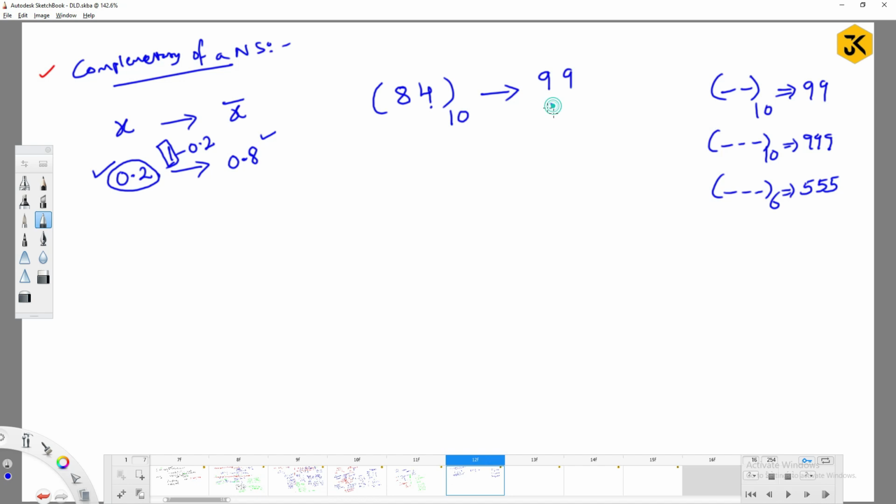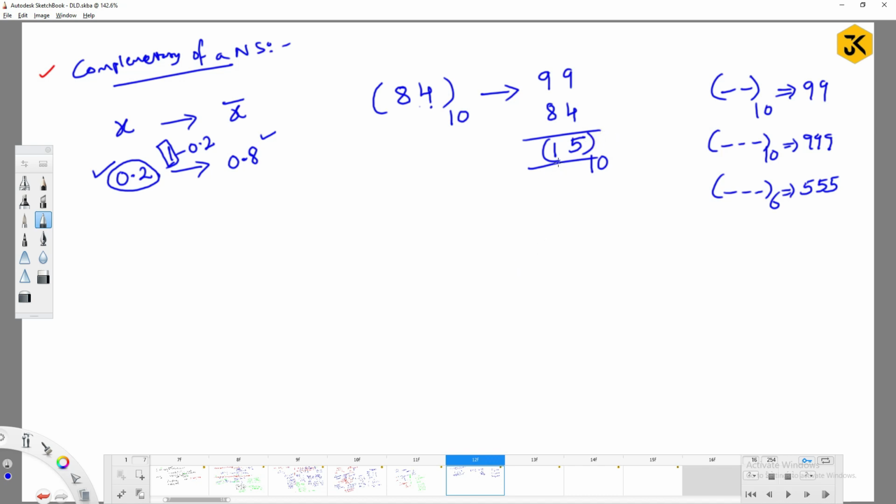From this 99, you have to subtract 84. You will get 15 base 10, which is the 9's complement of 84. Meaning that I can write 84 in another form as 15 base 10.